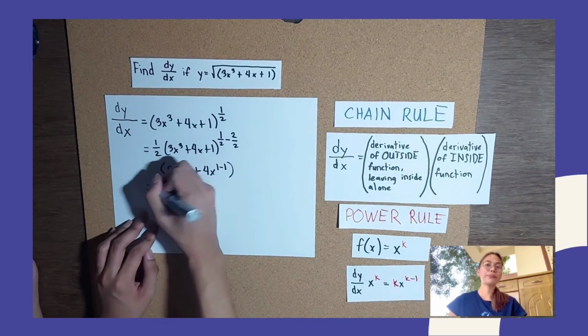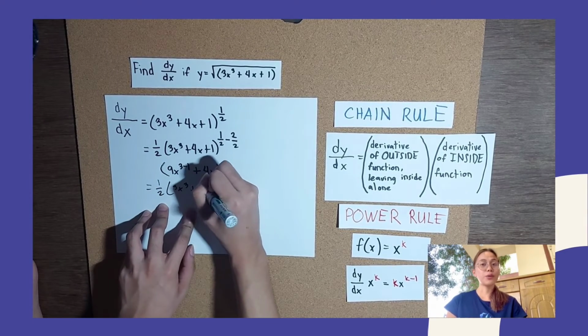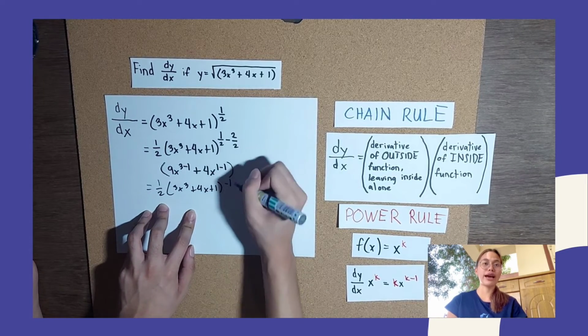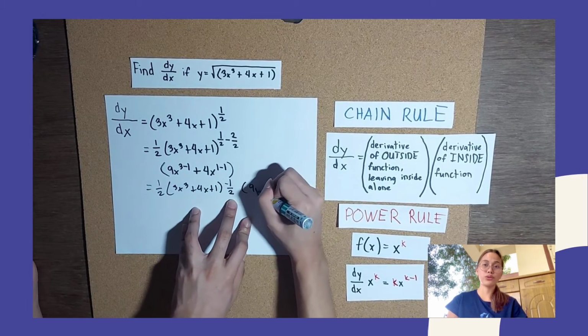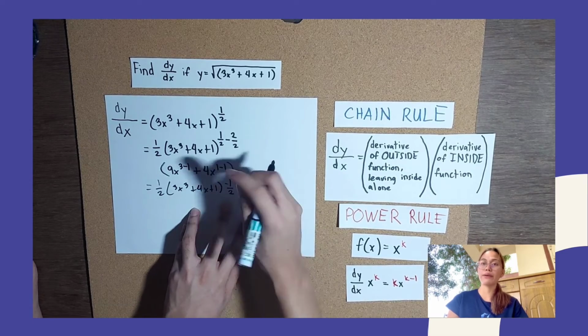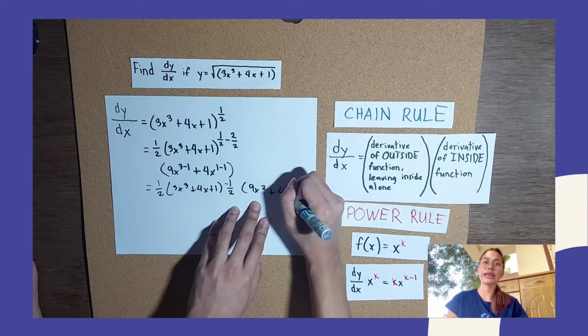Now, before proceeding to the next step, we must apply simple subtraction. Here we have 1/2 minus 2 over 2 is equal to negative 1/2. For the derivative of the inside function, 3 minus 1 is equal to 2, and 1 minus 1 is equal to 0. And when something is raised to the power of 0, it will be equal to 1. Therefore, 1 times 4 is 4.